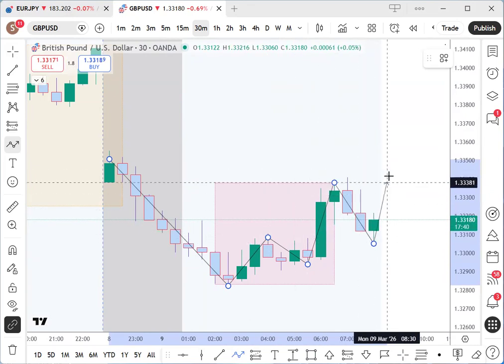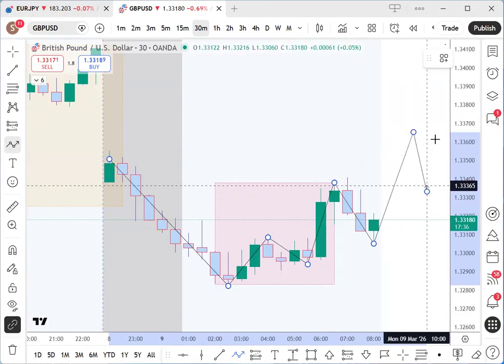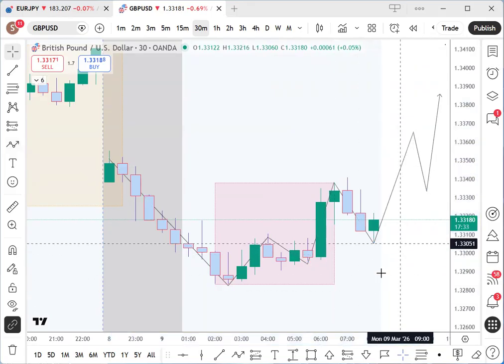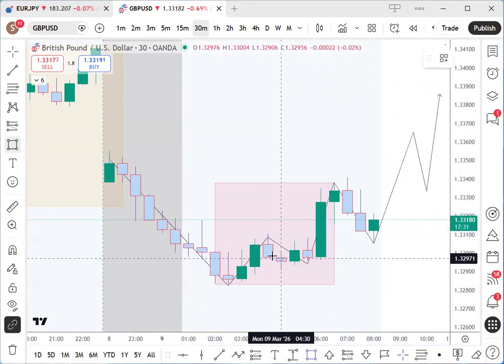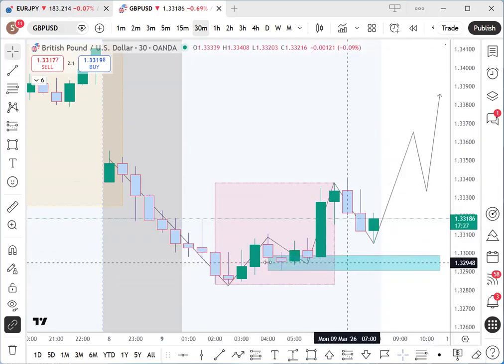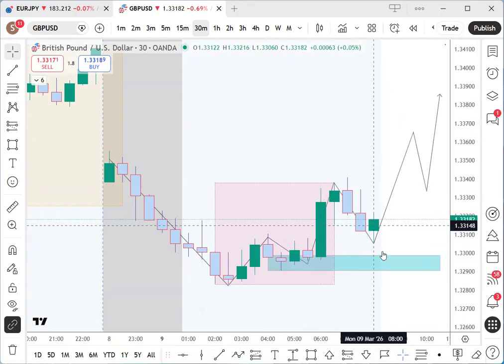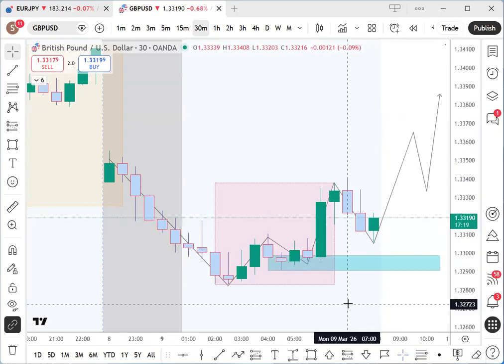We expect that potentially it will then break this level, come back down, and then continue going up. But where is our line in the sand? This is the last place that pushed price up. So as long as it does not break these lows here, then we are good for the buys. However, once it breaks these lows here, then there's a potential for it to continue going down.